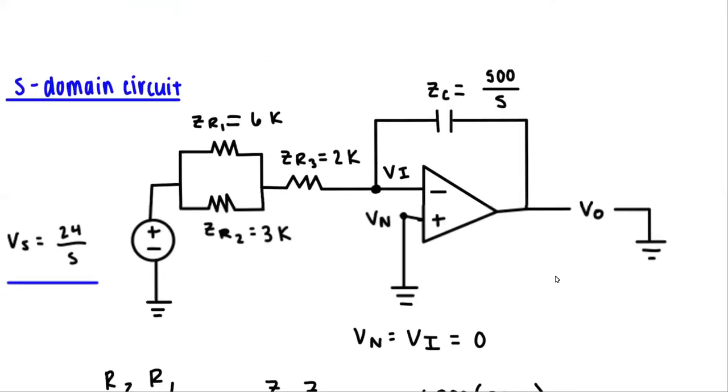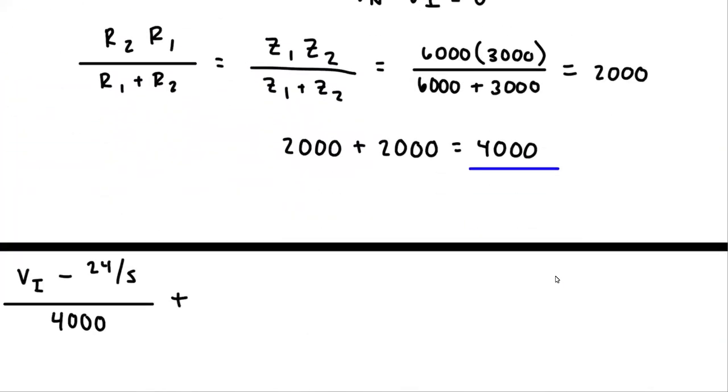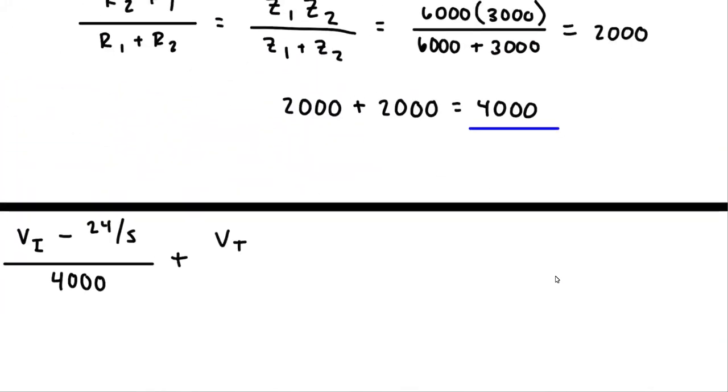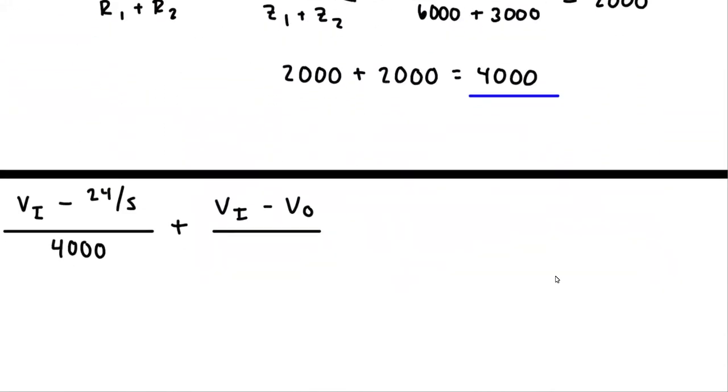Next, we will see the next path, which is Vi to Vout. So we will have Vi minus Vout, divided by the impedance that we found for our capacitor, which was 500 over S. And we know that all of this will be equal to 0.